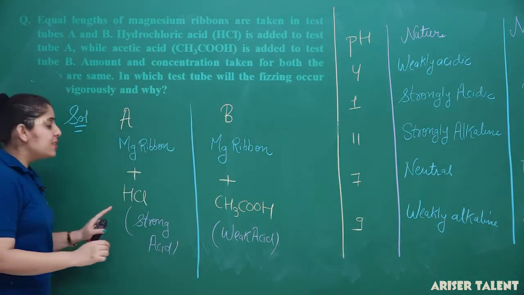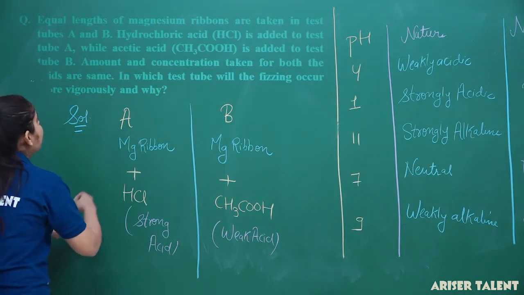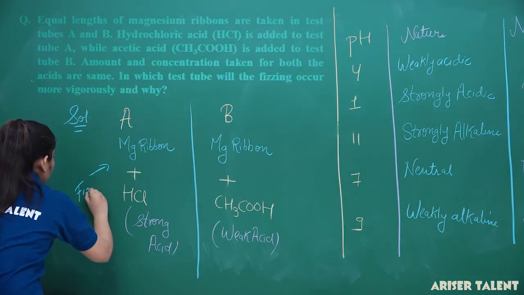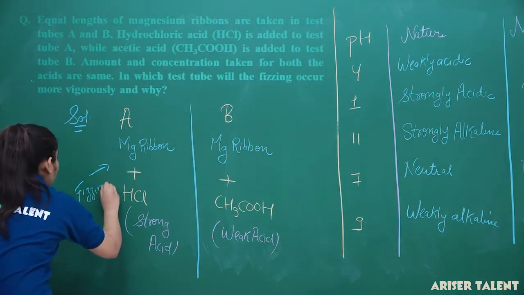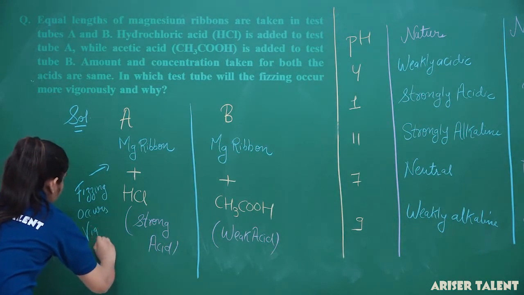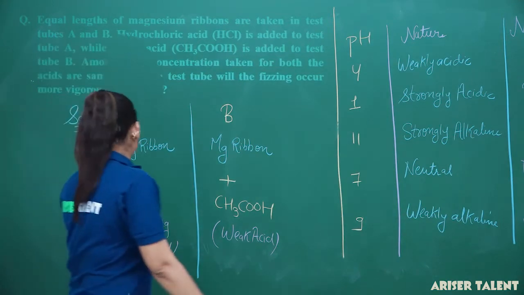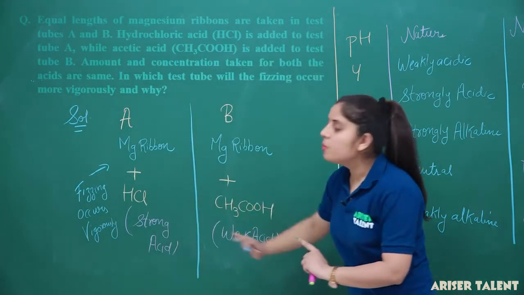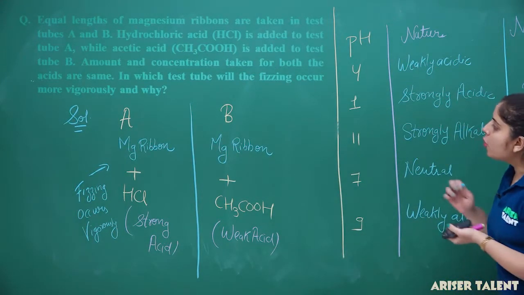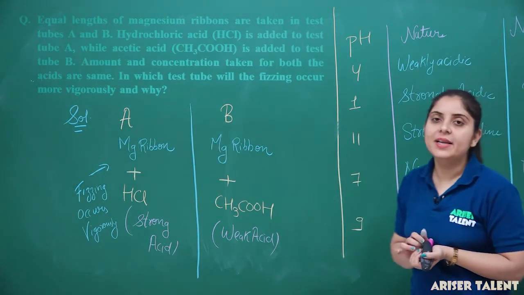So, in this case, the fizzing occurs vigorously. We can say that the fizzing will occur more vigorously in the case of A. So, you can copy it from here. We can proceed to our next question.